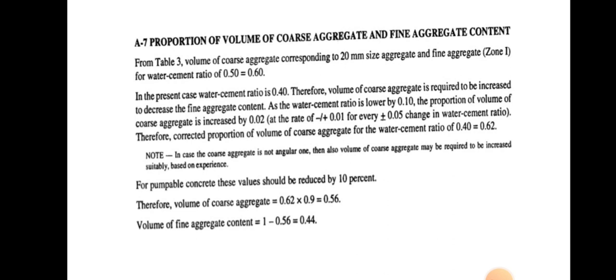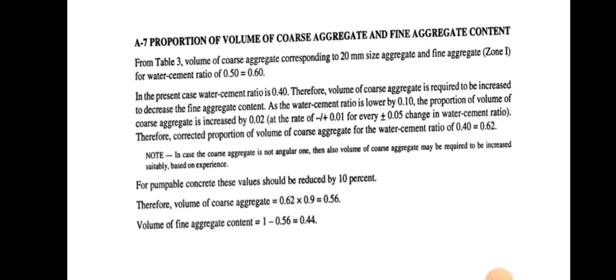Therefore, volume of coarse aggregate is required to be increased to decrease the fine aggregate content. As the water cement ratio is lower by 0.1, the proportion of volume of coarse aggregate is increased by 0.02, at the rate of plus or minus 0.01 for every plus or minus 0.05 change in water cement ratio. Therefore, corrected proportion of volume of coarse aggregate for the water cement ratio of 0.4 is equal to 0.62.